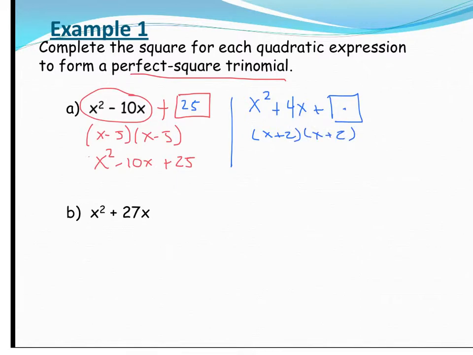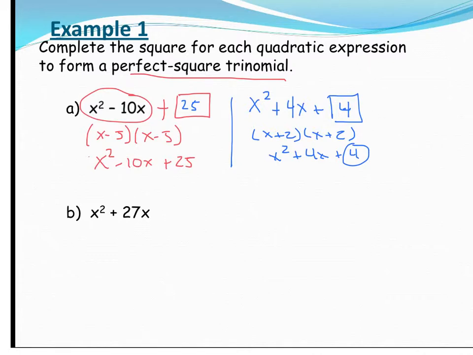If I FOIL it, I get x squared plus 4x plus 4. That's the number we would need to add. So how do we get this number at the end? We take the middle term and notice the relationship. 5 is half of 10. 2 is half of 4.